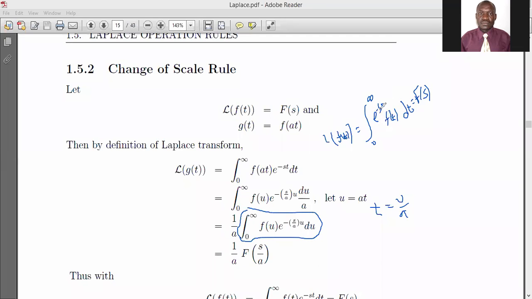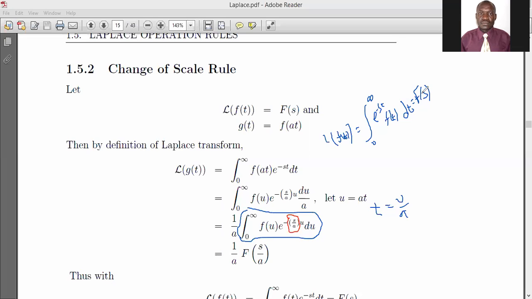Now here it is minus ST, but what was the minus ST here is actually now the minus S over A. I'm hoping I'm clear, guys, here.